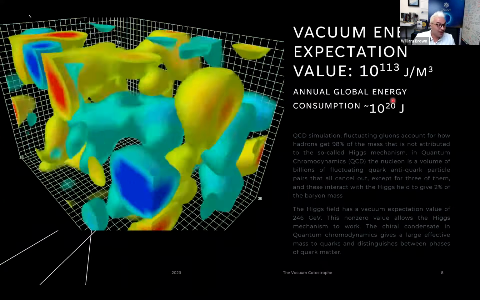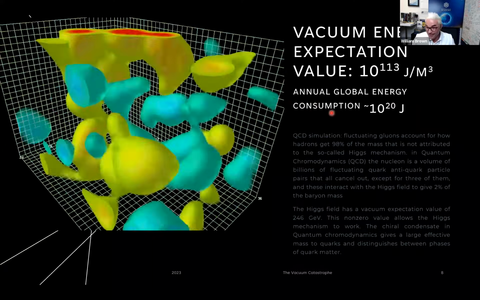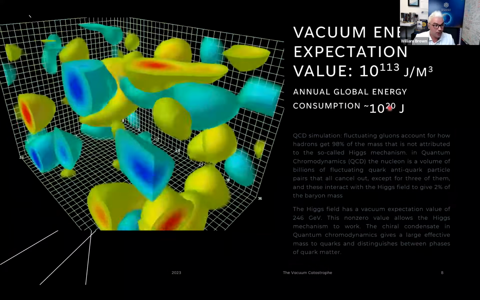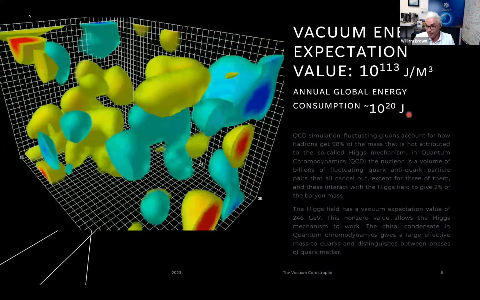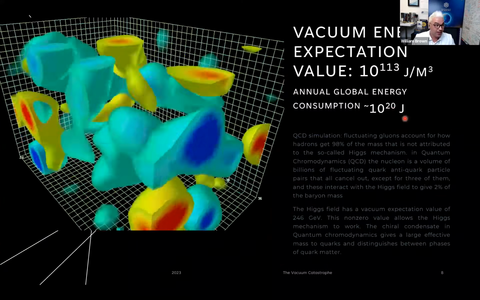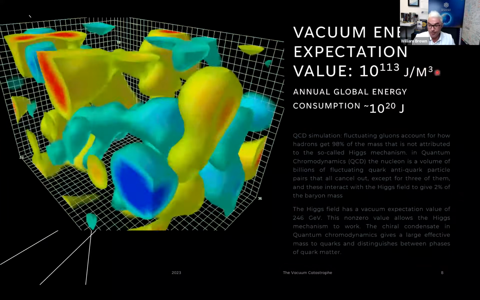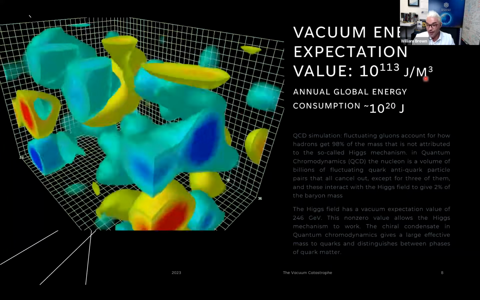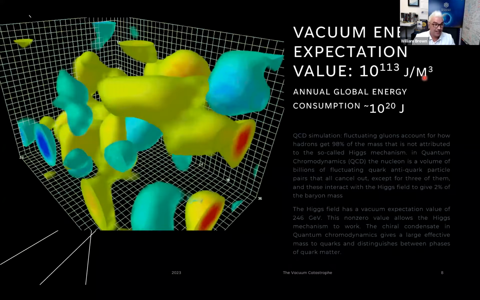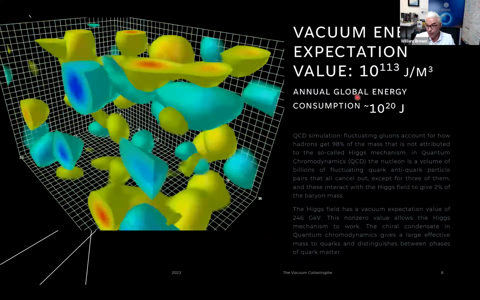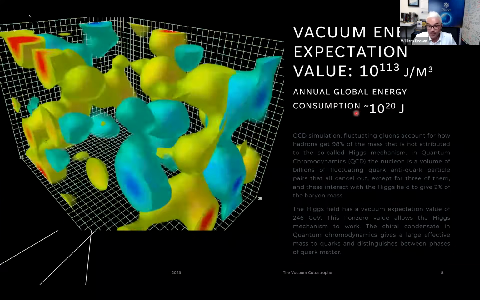And so compared to the annual global energy consumption, I think one of the most recent values was estimated to be about 10 to the 20th joules for all of human civilization. So the amount of energy in a cubic meter of space could very easily satisfy the entire annual global energy requirement for human civilization.